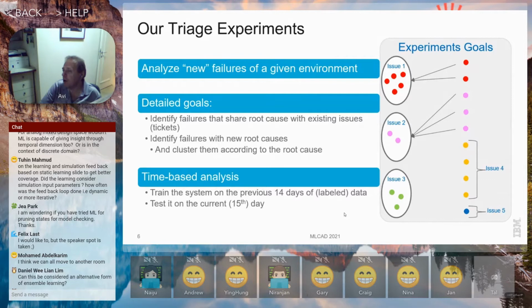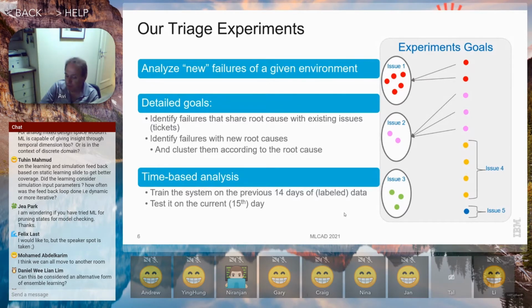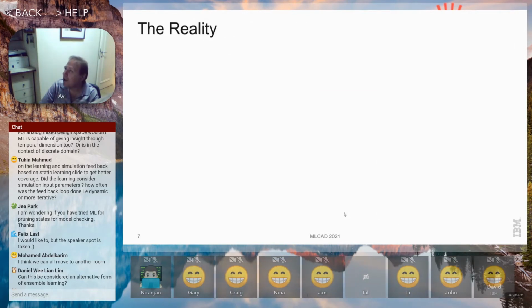So we have 14 days of history. Now the new failures come. We want to take them and use the history to do the triage, the automatic triage. So this looks very simple, but let's look a little bit at the reality of things.